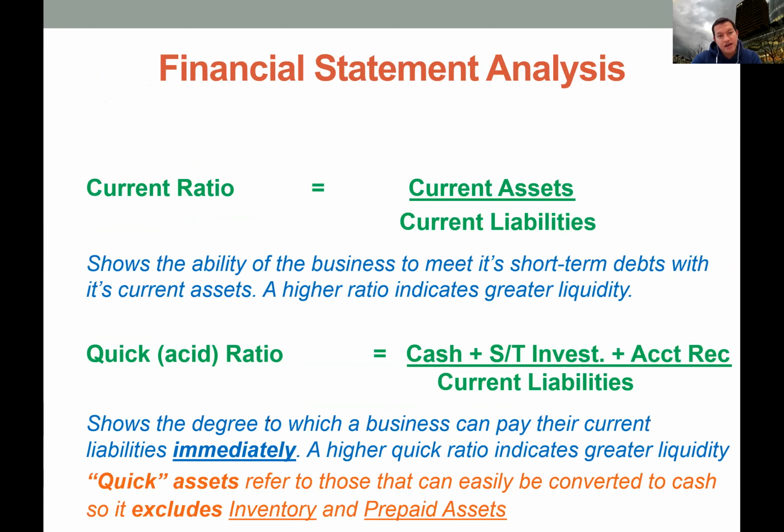First we have the current ratio. The current ratio is simply current assets divided by current liabilities. So total current assets divided by total current liabilities. You can also multiply this by 100%. Basically, current assets and current liabilities show the company's daily operations.